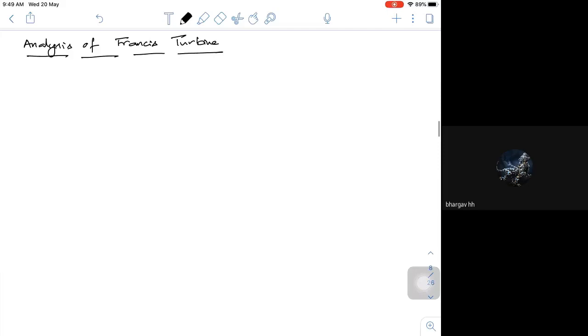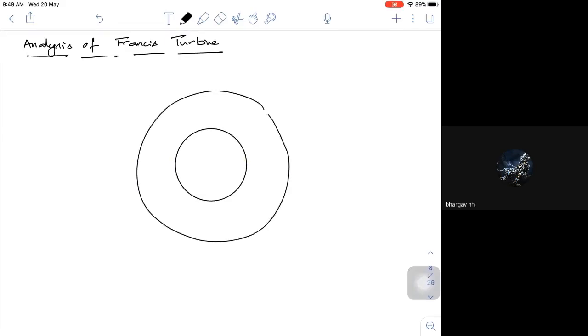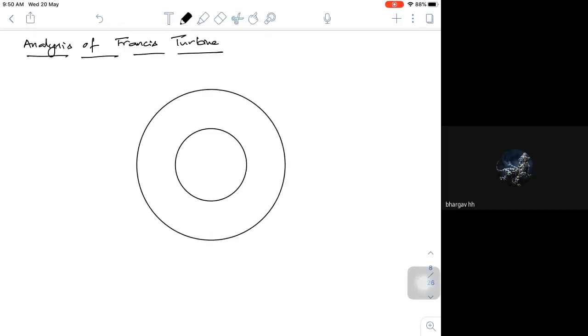This is your hub, and this is your tip. Now, if this is the blade, let's assume that I will draw one blade. So this is the blade. The fluid enters from outside.